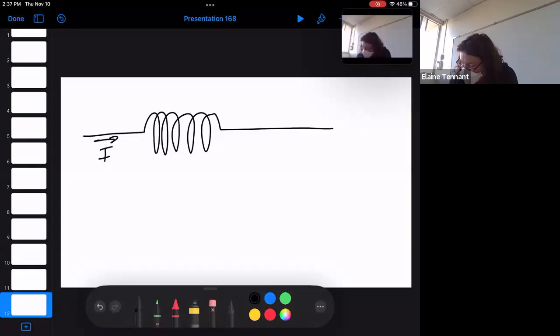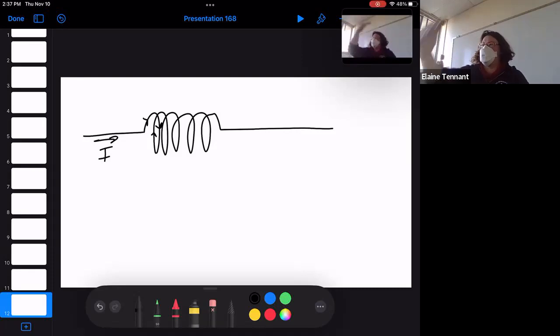So I have this loop of wire. It's kind of hard to say which way it's going, but it's going up, down, and then back. So it's doing this. It's going to make a magnetic field. Which way is it going to make a magnetic field in?